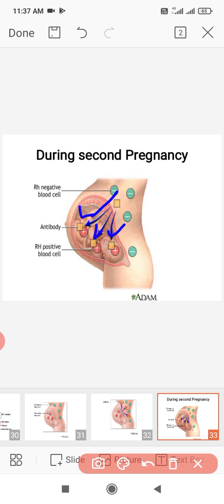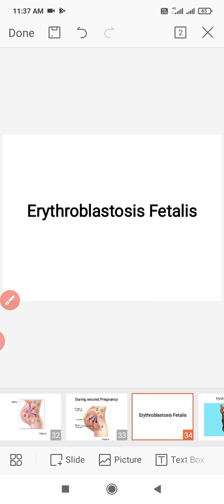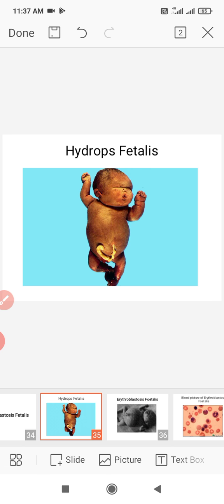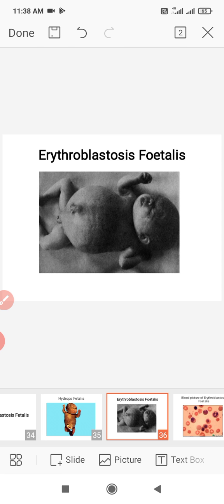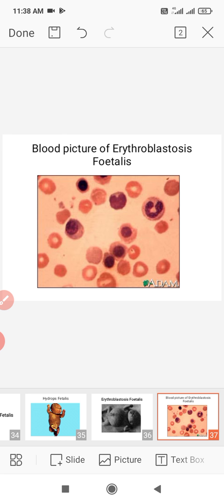and severe hemolysis, an antigen-antibody reaction, takes place, and the baby born with this condition is called erythroblastosis fetalis. Clear? Erythroblastosis fetalis.